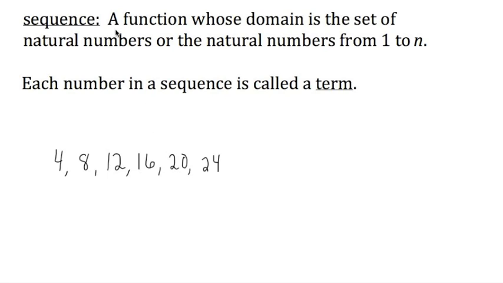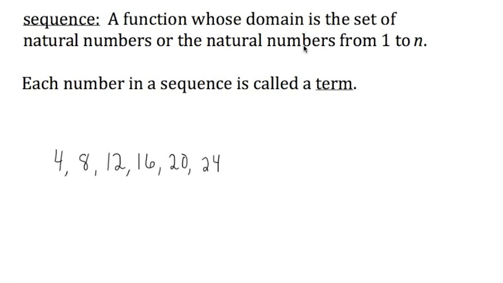Now, we define a sequence as a function, and you'll recall that functions require both inputs and outputs. But it doesn't appear that in this sequence there are any inputs. It just looks like we have a whole bunch of outputs, 4, 8, 12, etc. So let's continue reading this definition to see if we can figure out what the inputs might be.